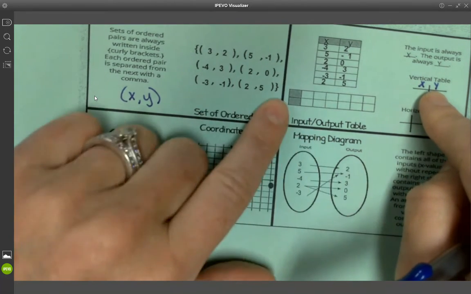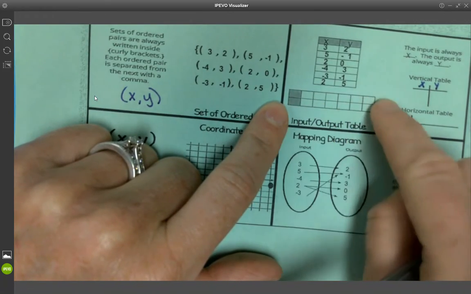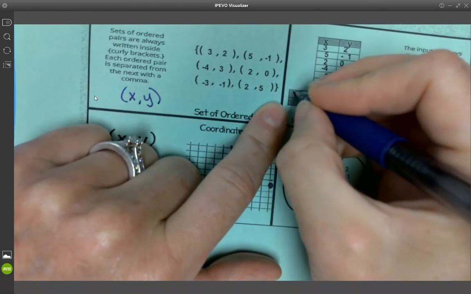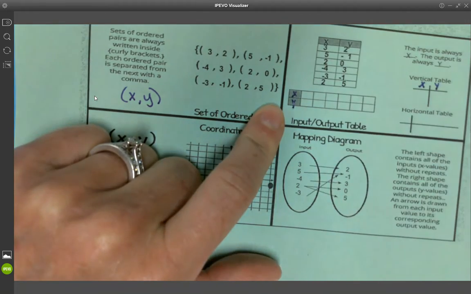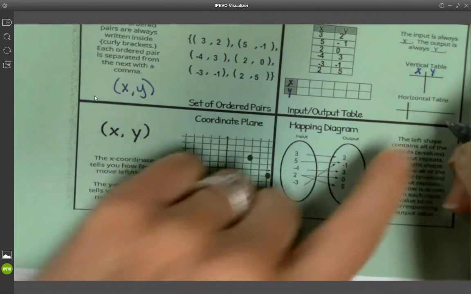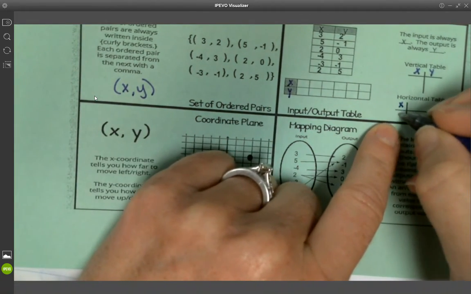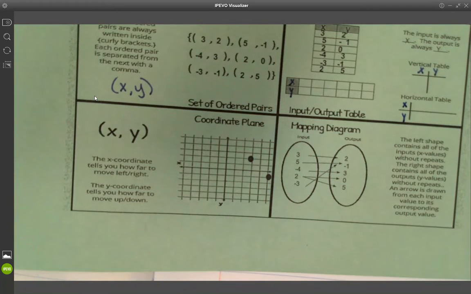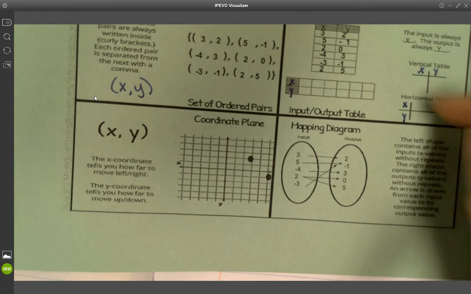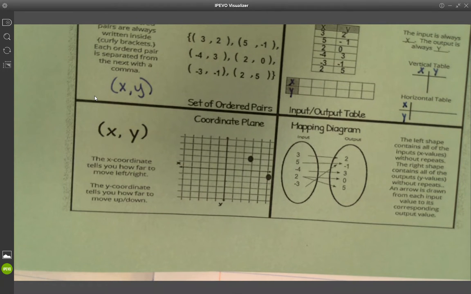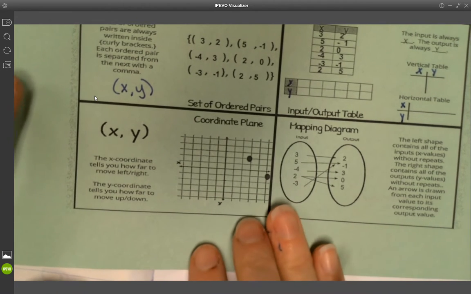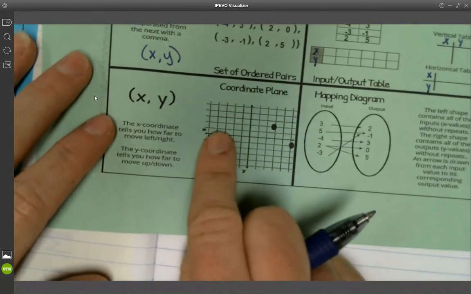So go ahead and write that down. And then if you have a horizontal table that looks like this, x is on top, y is on bottom. Or this horizontal table, x, y. So when we're determining if it's a function or not, we always just look at the x values to make sure they don't repeat.